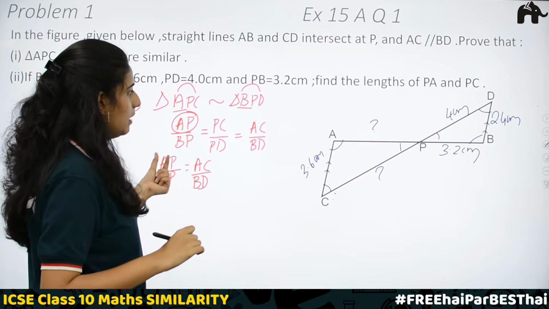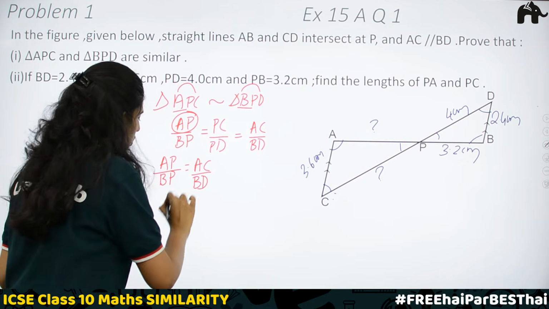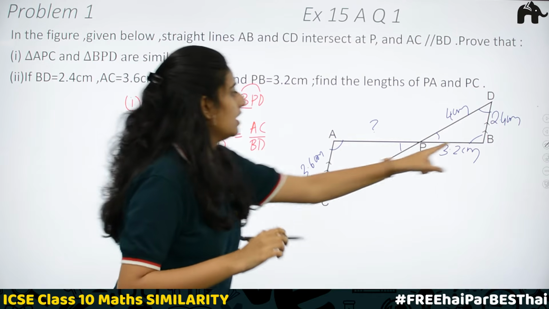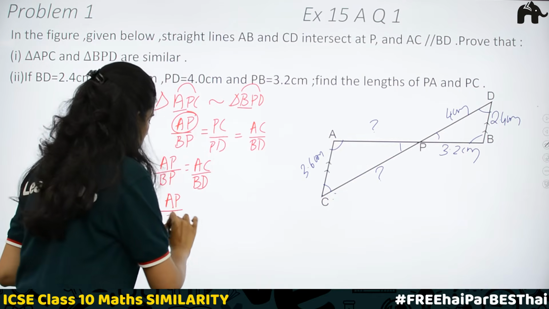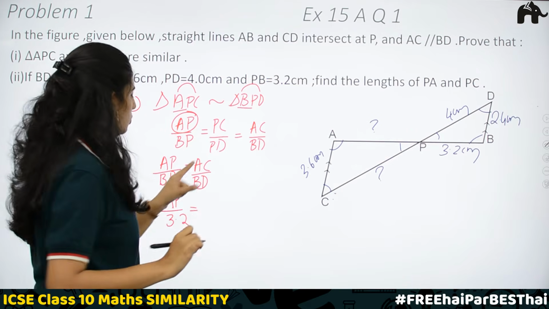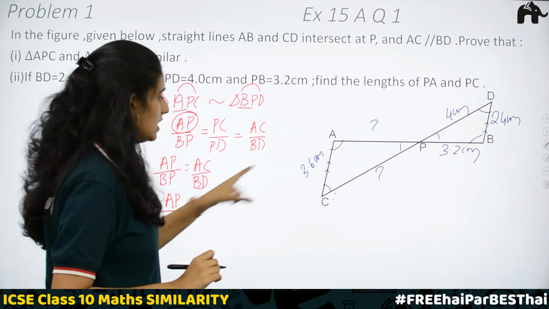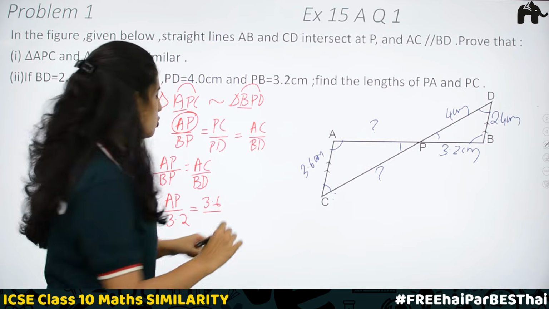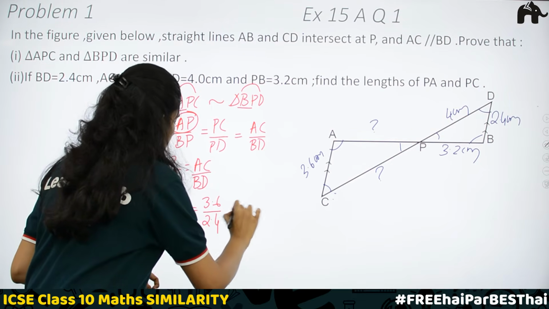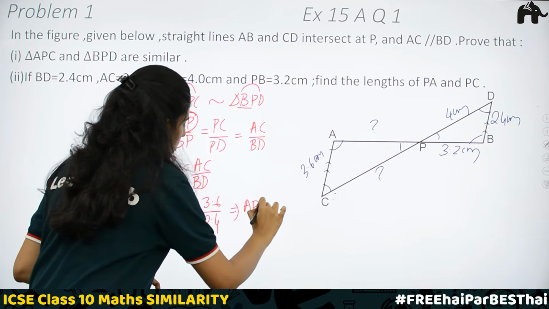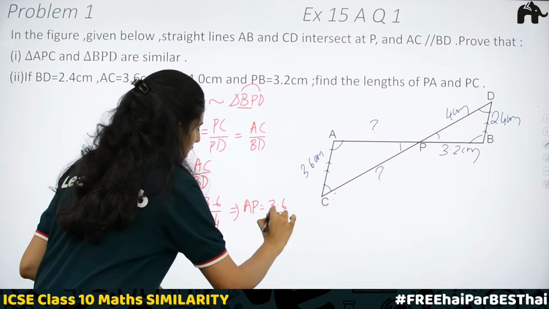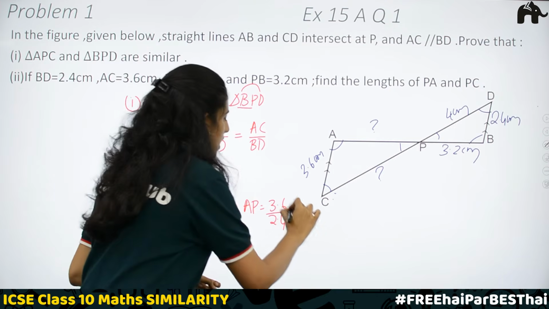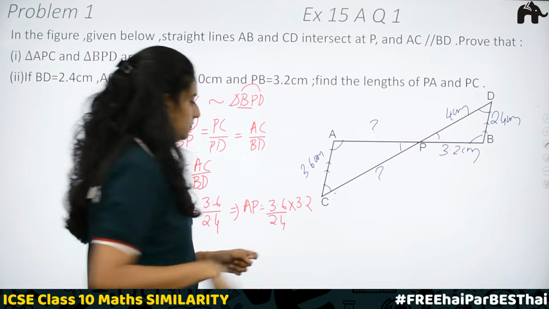Put the values. AP we don't know, keep it as it is. Then BP equal to 3.2 centimeter is equal to AC by BD. AC is 3.6 and BD is 2.4. Which implies AP is equal to 3.6 by 2.4, taking this 3.2 to the opposite side, into 3.2.